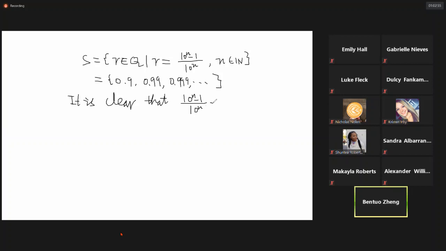This is equal to 10^n over 10^n minus 1 over 10^n, which is equal to 1 minus 1 over 10^n.